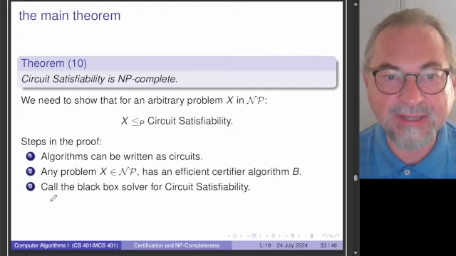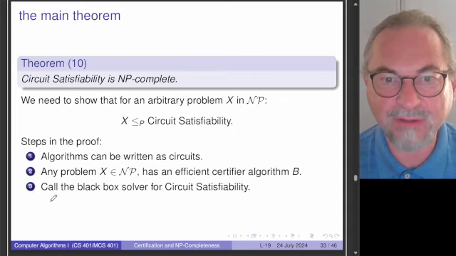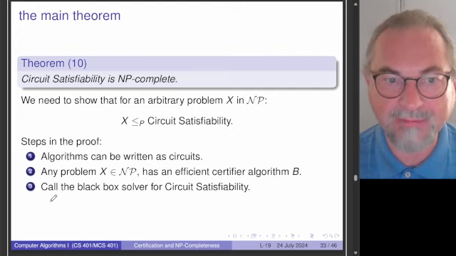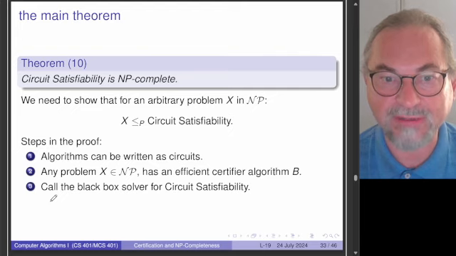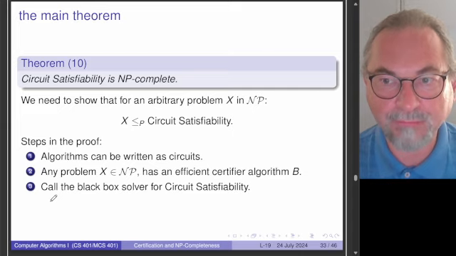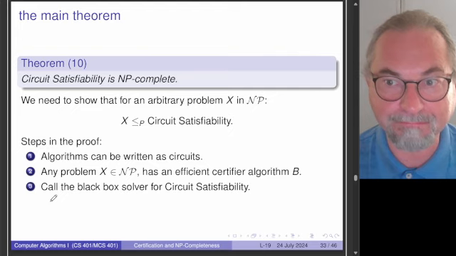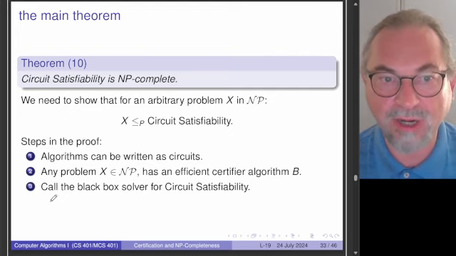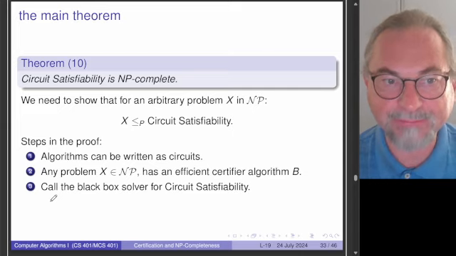The second part is that for any problem, we actually have an efficient certifier. And then we call the black box solver to solve the circuit satisfiability. So that means that for any problem, we can reduce it in polynomial time to the circuit satisfiability problem because of these three steps.